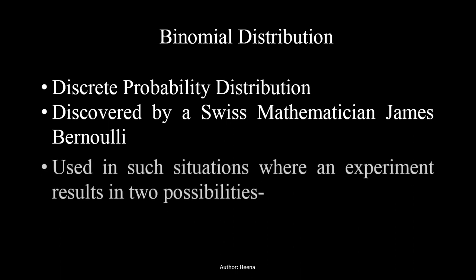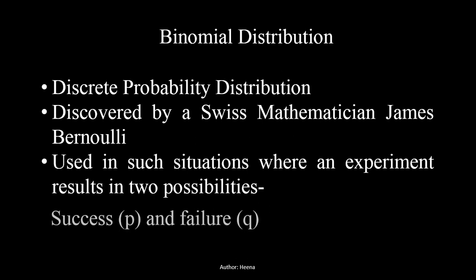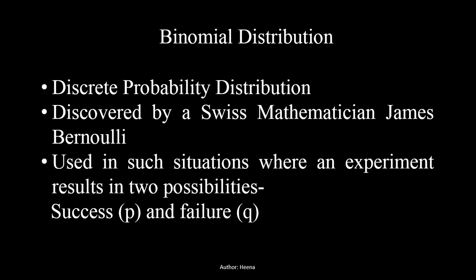It is used in situations where an experiment results in two possibilities: success, that is p, and failure, that is q.